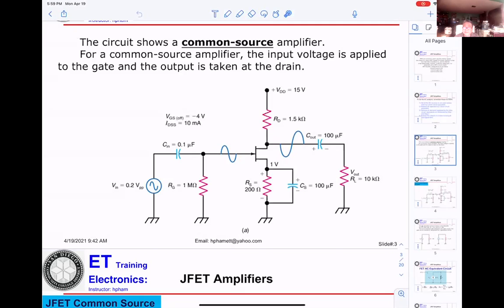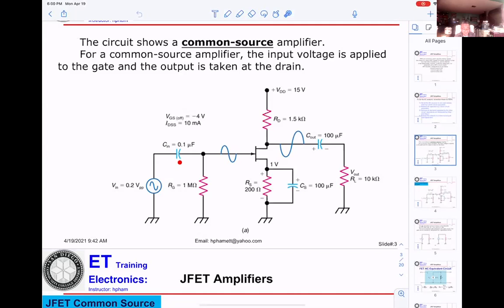I'm telling you the input and output will be 180 degrees out of phase. You understand that? Now I'm just asking you, what's the name for C here? Coupling capacitor. AC coupling or DC blocking.